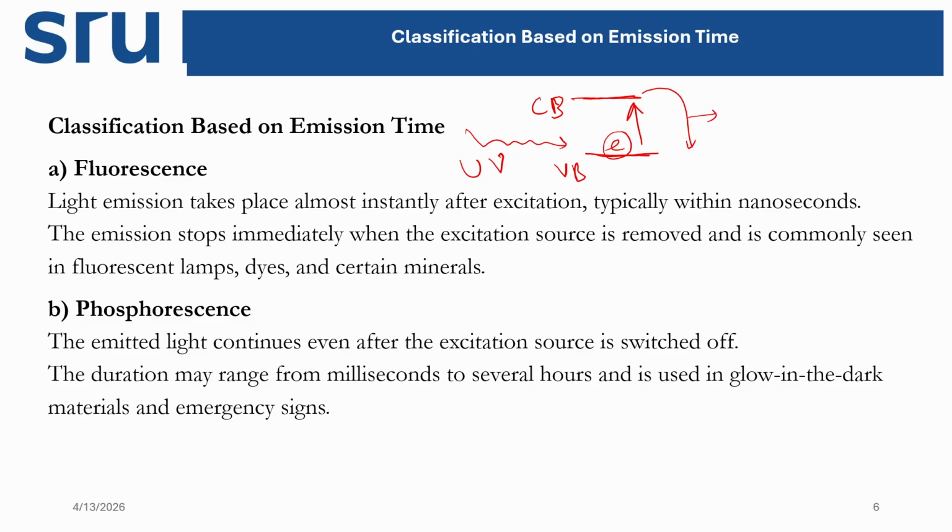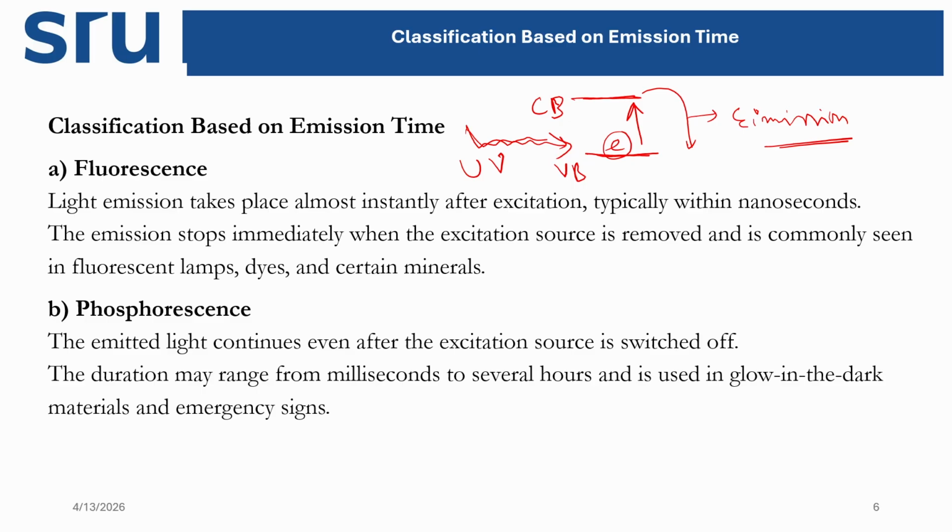So due to the emission we are getting the luminescence property. That is photoluminescence, because we are using the photon, or light, here for the excitation of the electron.